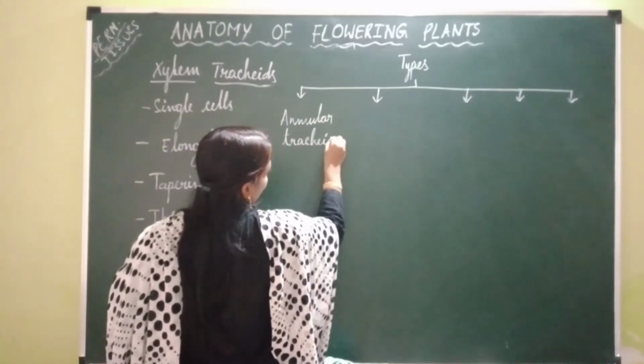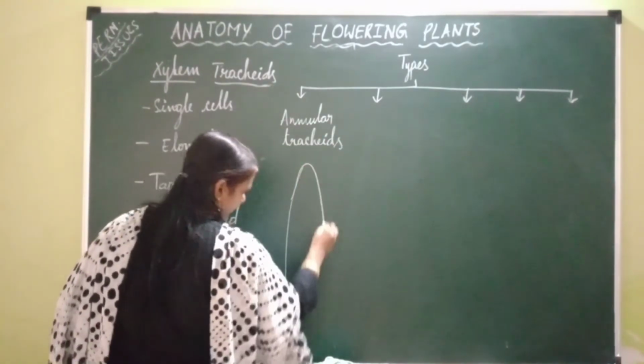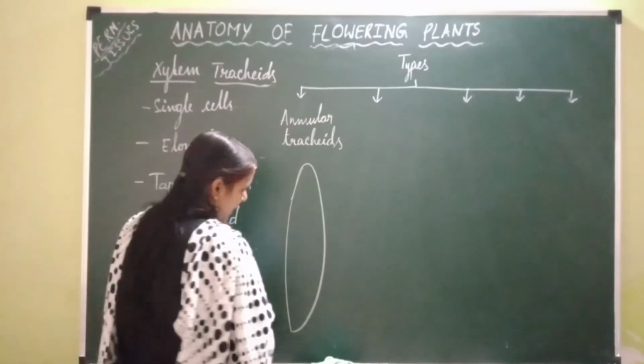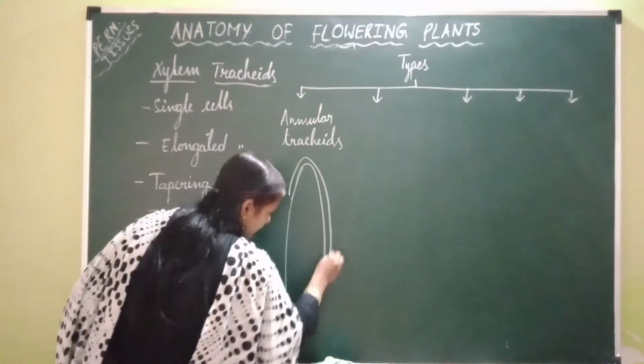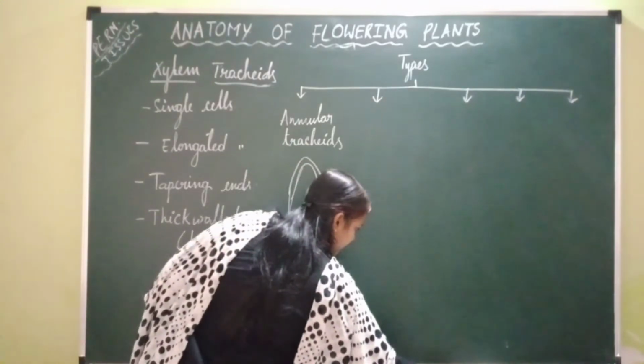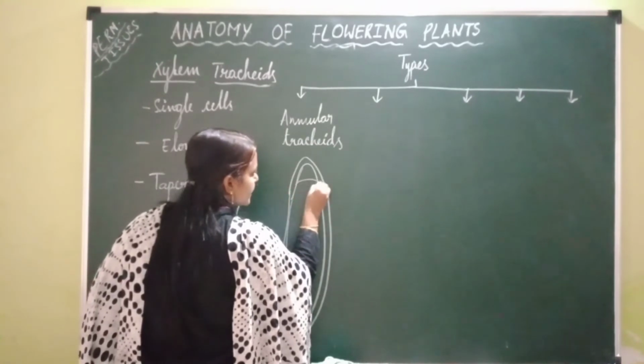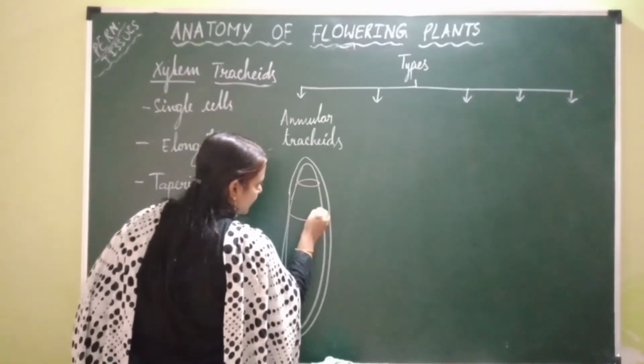Let's say this is a tracheid. Here these cell wall thickenings are in the form of ring-like structures like this. They are in the form of rings.